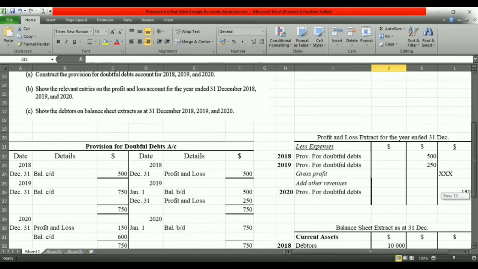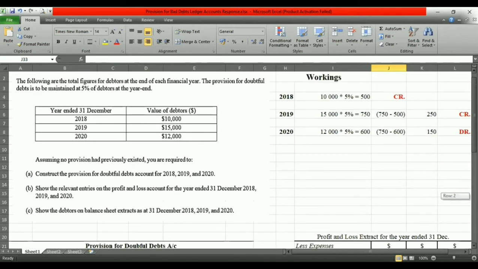Remember, we're looking at the balances in the accounting books. That's what you put in the balance sheet. In your workings, these figures reflect your balances, and the balances are what we put in our balance sheet.